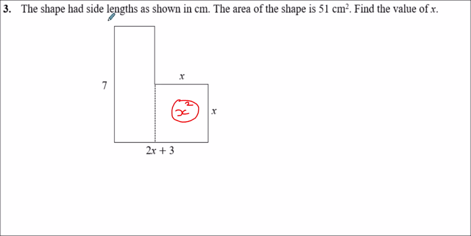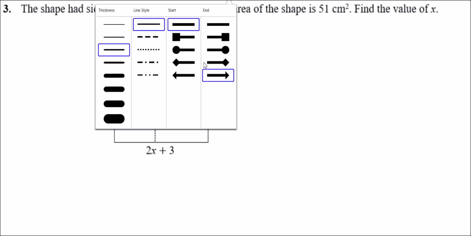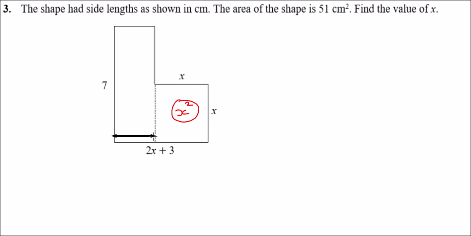Whereas this bit here is obviously rectangular, we know its total height is 7, but we don't know yet this width. And so what I'd suggest we do is we think about what this width actually is. If we go from one end to the other, the whole width, we're told, is 2x plus 3 for the whole shape.